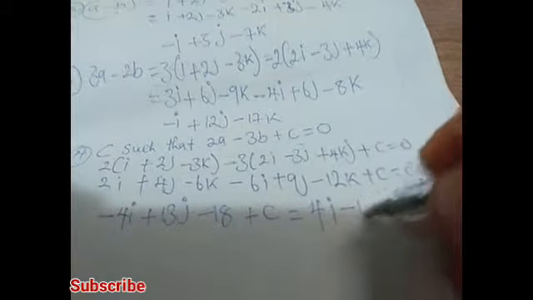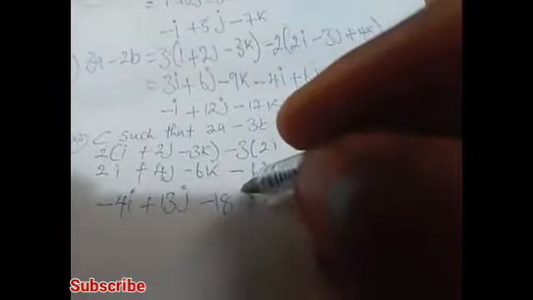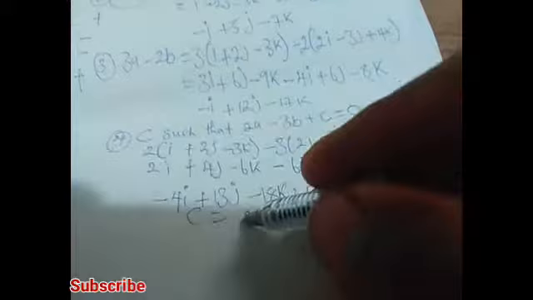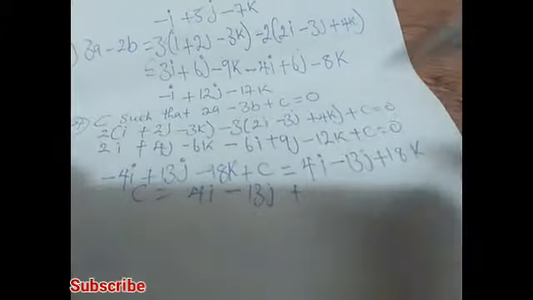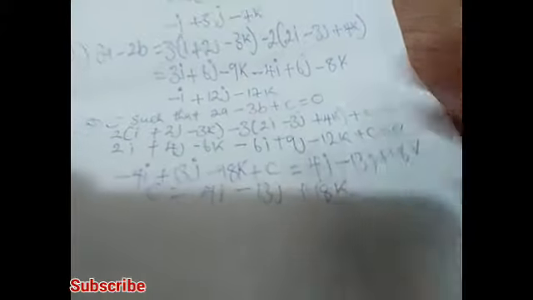Plus 13j crosses over and becomes minus 13j. Minus 18 crosses over and becomes plus 18k. So our c is equal to 4i minus 13j plus 18k. So we've gotten our c.